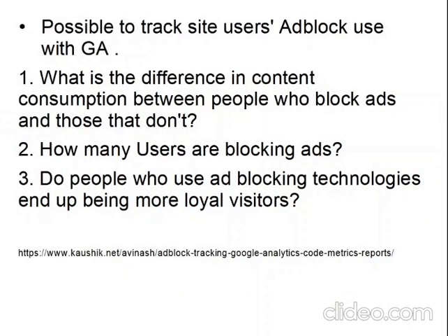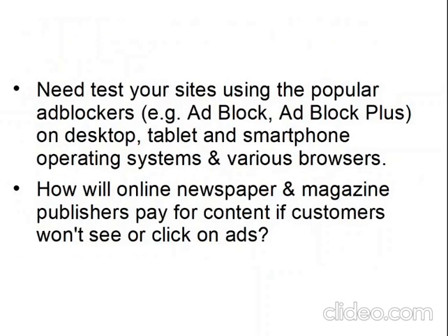It's possible to track site users' ad block usage with Google Analytics. Avinash Kaushik's given some guidance on that. You need to test your sites using the popular ad blockers on various devices and operating systems, because how you structured your site may cause some content to be blocked, which is not even ads.